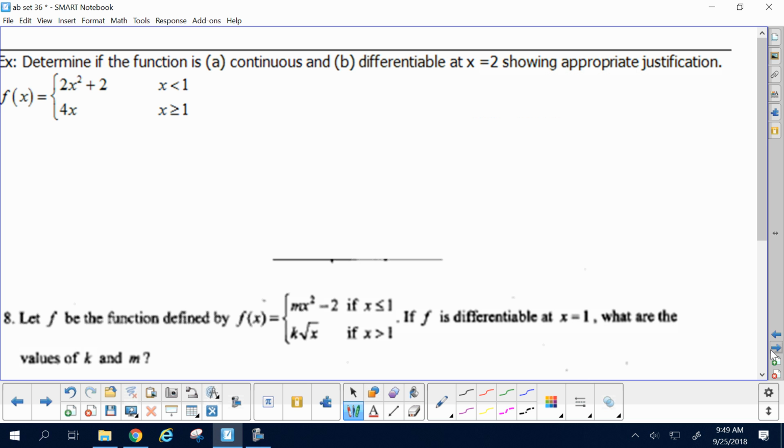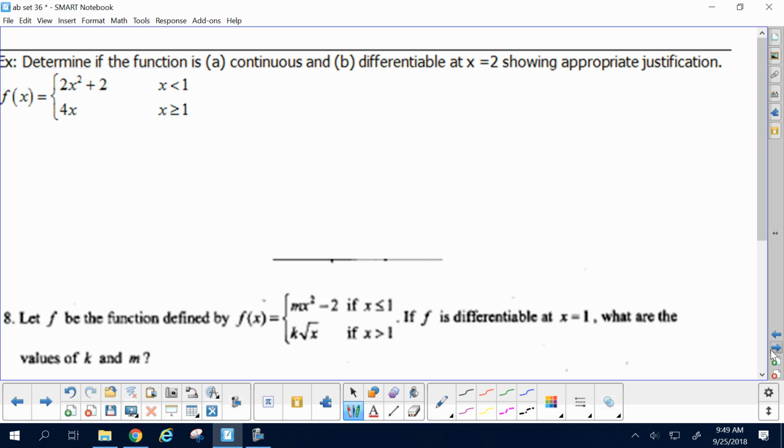All right. Now then, a pretty common question is, determine if this piecewise function is both A, continuous, and B, differentiable, showing appropriate justification.